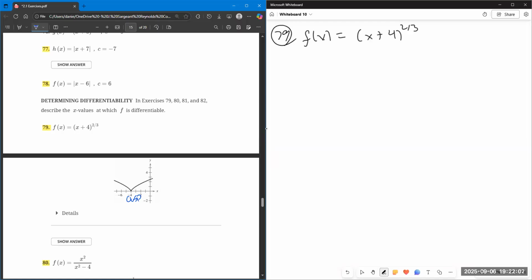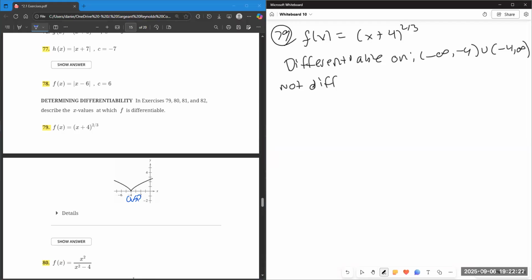So looking at the graph there, it's differentiable on -infinity to -4 union -4 to infinity, not differentiable at x equals -4 because of a cusp in the graph.